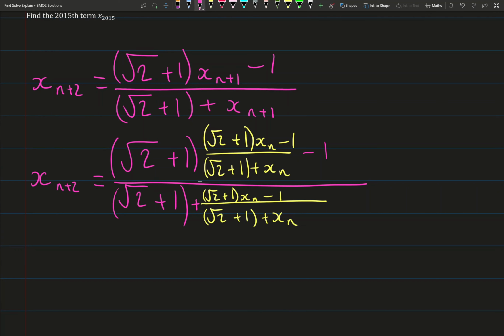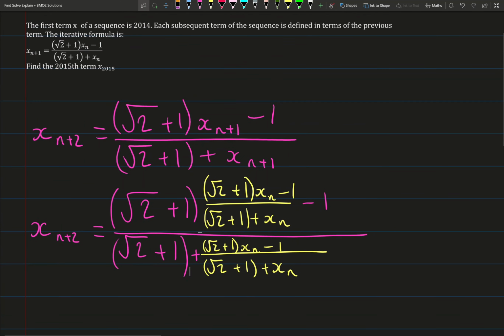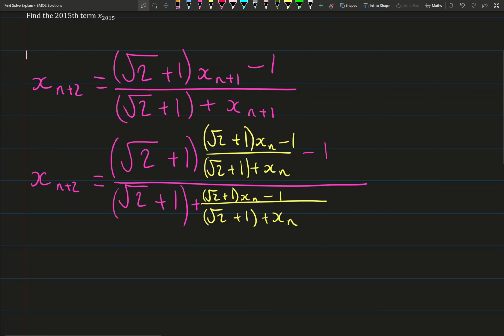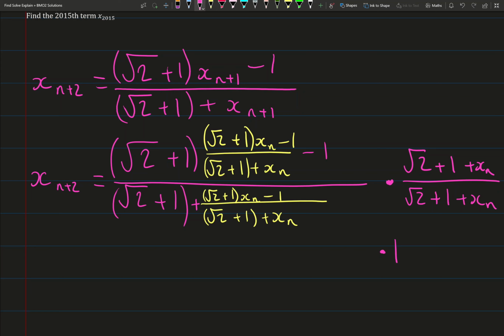Okay. So this yellow in here is basically this part. So from here I would times top and bottom by root 2 plus 1 plus x_n. We can do this because this is basically timesing by 1, which we know x times 1 equals x, so the equality still holds.